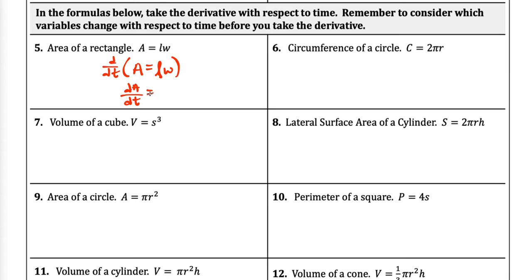Product rule. Because I've got 2 variables being multiplied, I'm going to have to do product rule. So derivative of LW would be the first times the derivative of the second, dW dt, plus the second times the derivative of the first, dL dt.